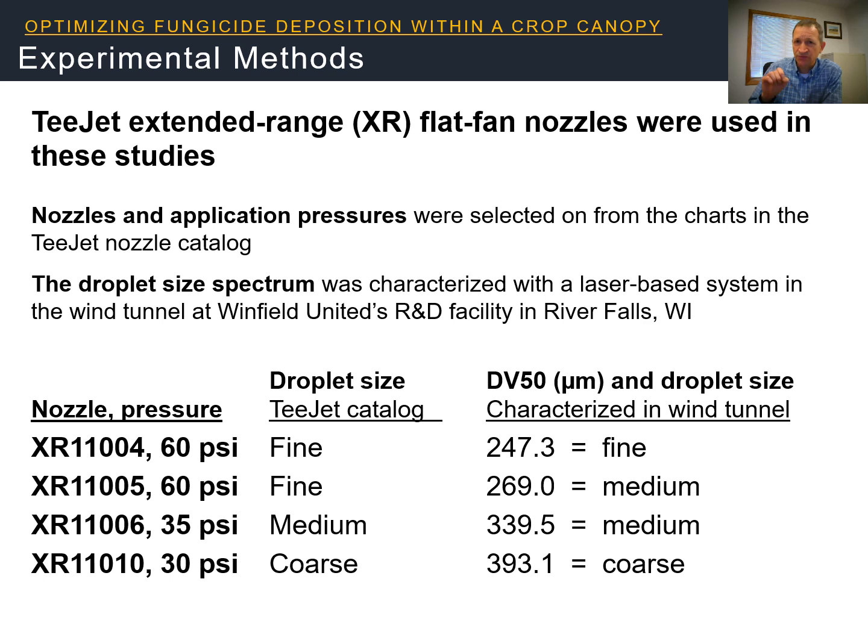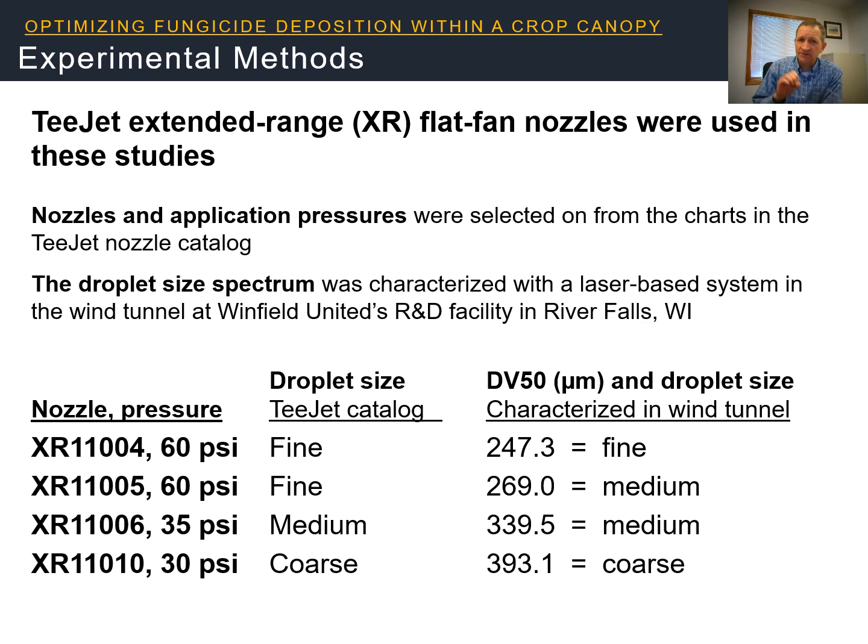We did this research with TJet nozzles, and we selected TJet nozzles simply because most growers and crop advisors in North Dakota and Minnesota use them and are familiar with them. In this case, we used extended range flat fan nozzles, and that choice was simply driven by the fact that we could achieve our target droplet sizes with the driving speeds and spray volumes that we need to use for the study.